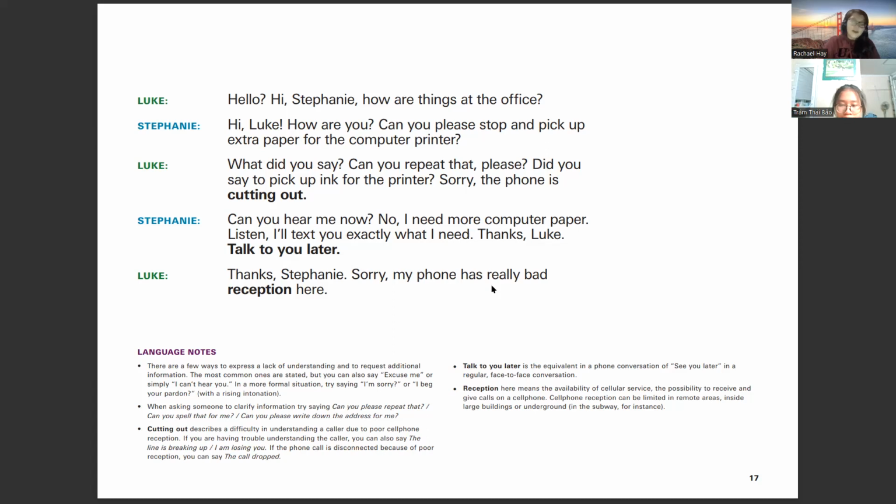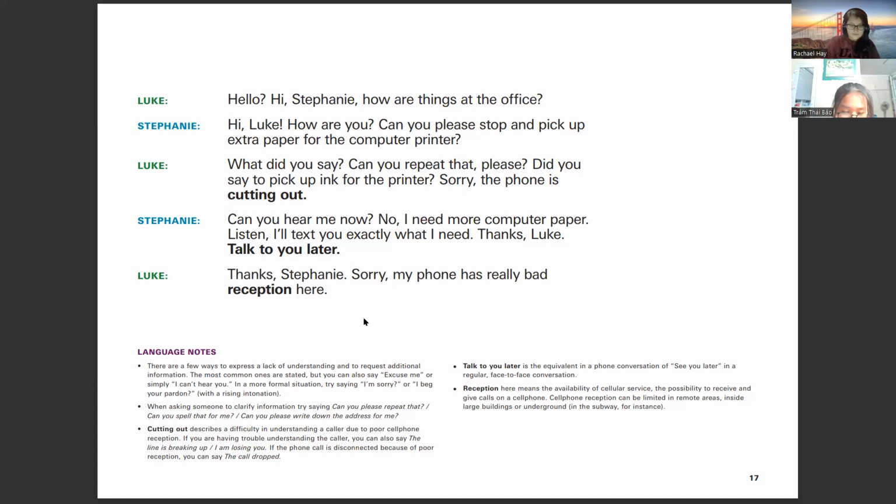Okay, can you read "cutting out" for me? Read what? I'm cutting out. Cutting out describes difficulty in understanding a caller due to poor cell phone reception. If you are having trouble understanding the caller, you can also say the line is breaking up, or I'm losing you.